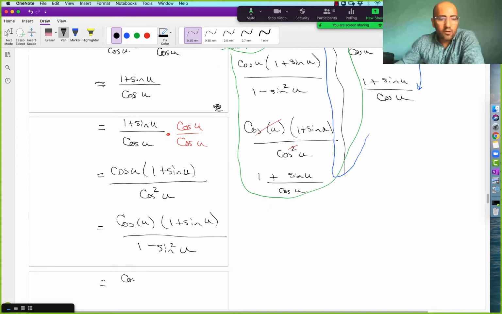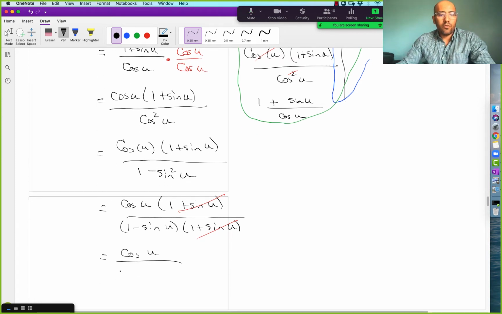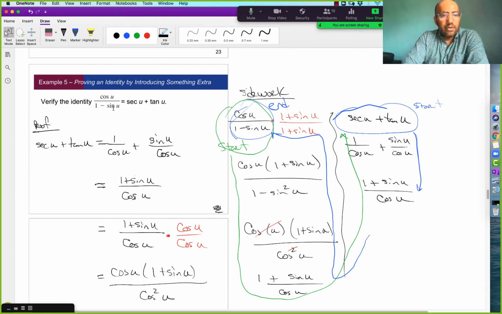So this would be cosine u, 1 plus sine u, all over 1 minus sine u, 1 plus sine u. And then these two cancel. And I'm left with this thing: cosine u over 1 minus sine u.